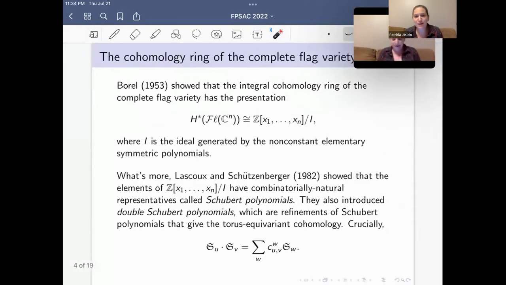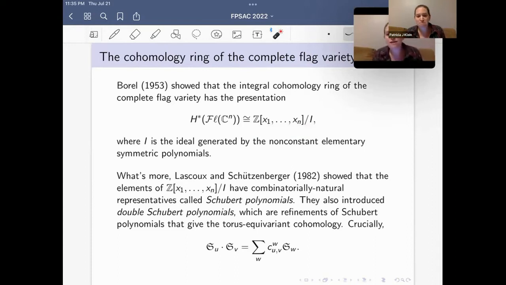Okay, so we might want to intersect our Schubert varieties and think about how they intersect and count some points of intersection. And it turns out that the cohomology ring, so the information about these intersections, is actually just a polynomial ring over the integers in n variables modded out by the ideal generated by the non-constant elementary symmetric polynomials.